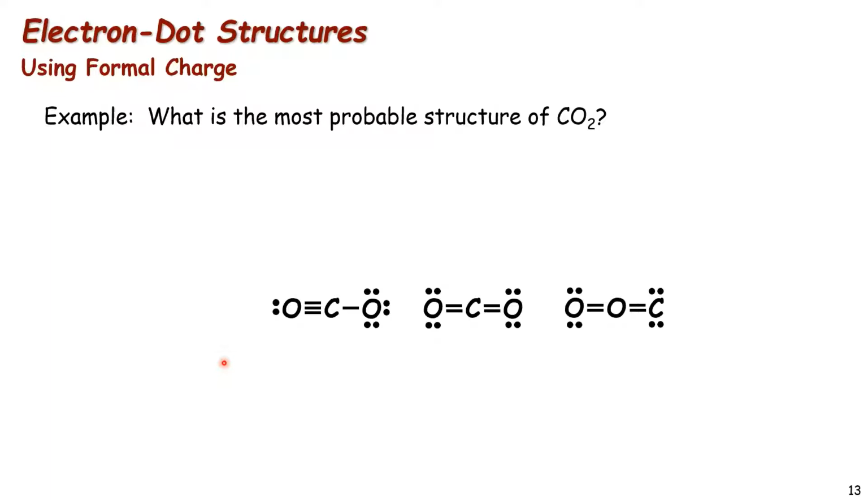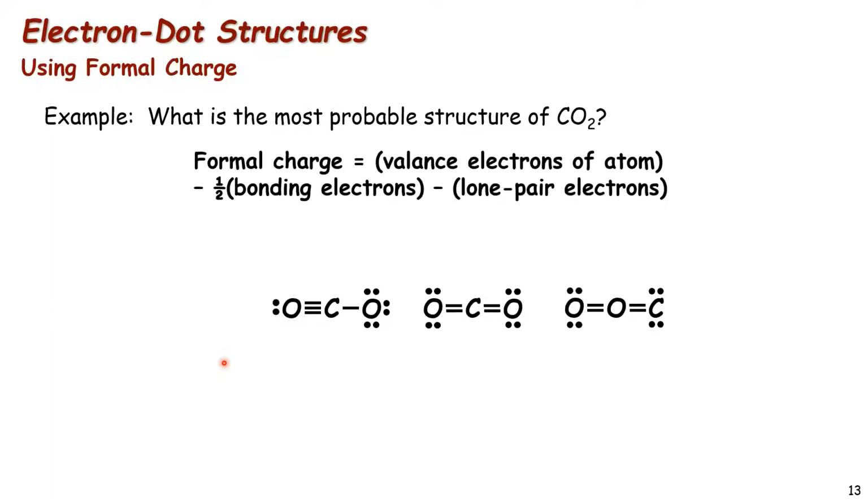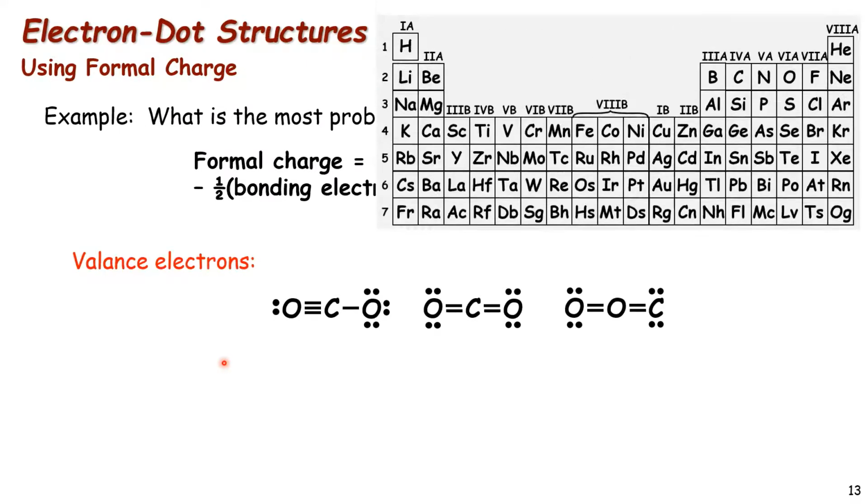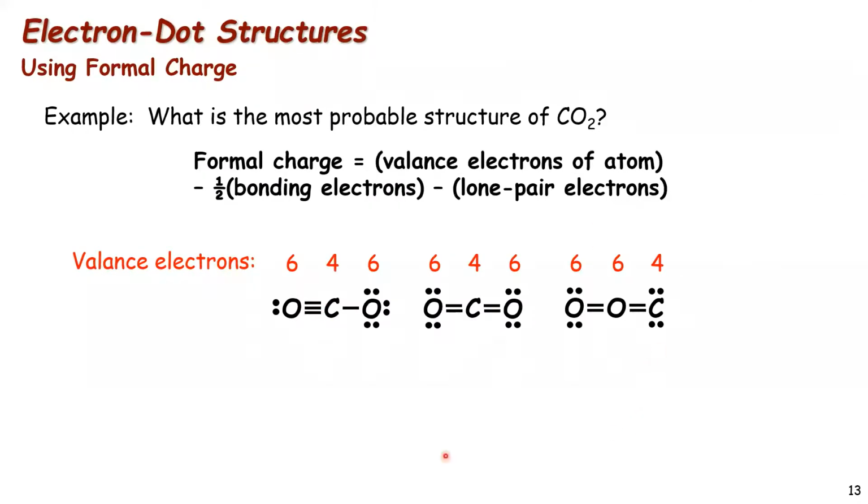So let's try this. Again, there's our formula for formal charges. The first thing we need to know is the number of valence electrons. Looking at the periodic table, oxygen is in group 6, so all the oxygens have 6 valence electrons, and carbon is in group 4, so it has 4 valence electrons.